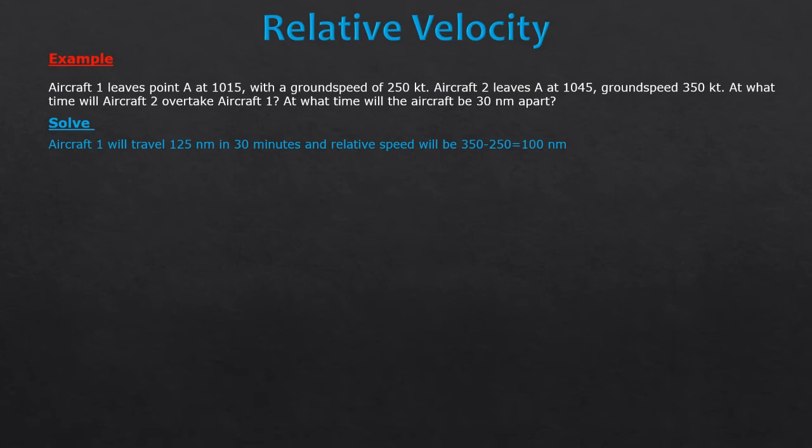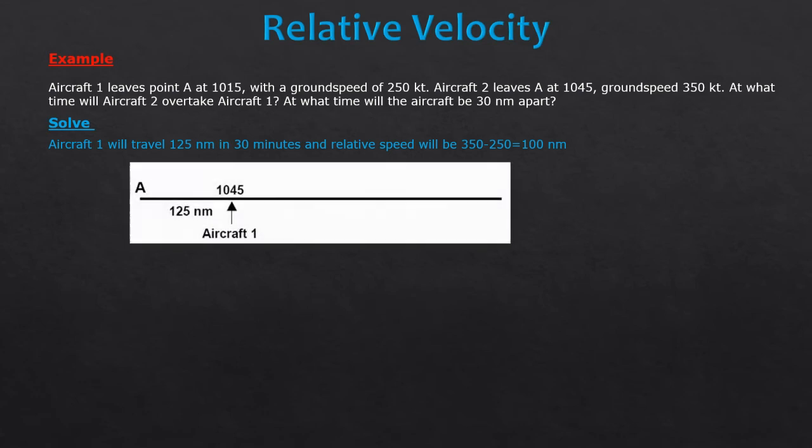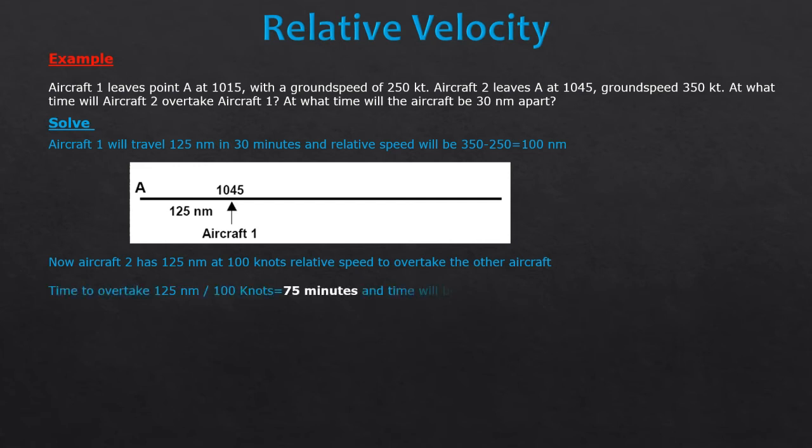So in just 30 minutes the aircraft will travel 125 nautical miles. And the relative speed will be 350 minus 250, that is 100 knots, because the aircraft are traveling in the same direction. You can see in the diagram. Now aircraft 2 has 125 nautical miles to cover at a relative speed of 100 knots to overtake the other aircraft.